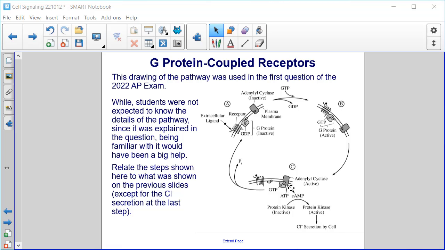That catalyzes the production of cAMP. That cAMP activates a protein kinase, which then leads to this chloride secretion by the cell, which we don't need to discuss. Okay, so this just shows one of the cycles of the GPCR pathway that we covered in more detail in the preceding slides.